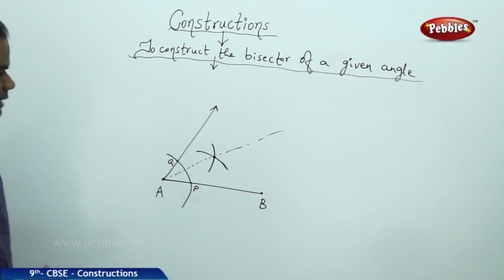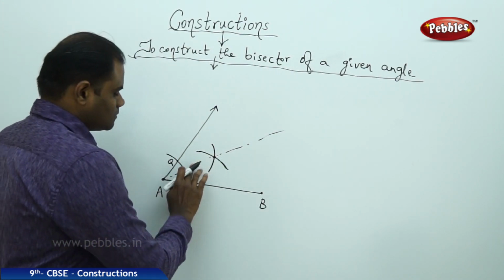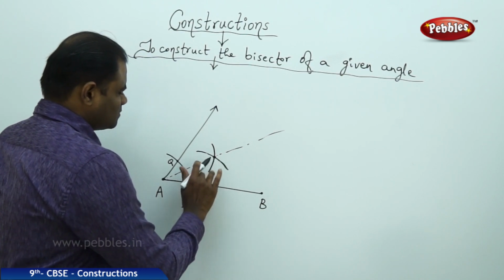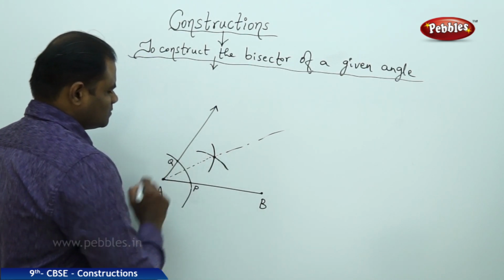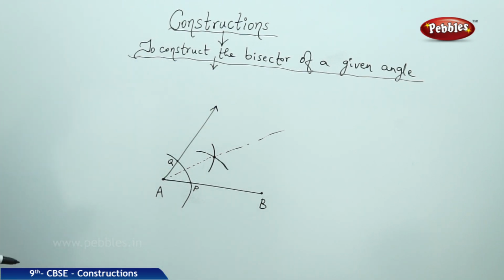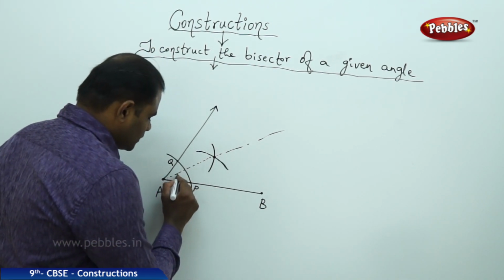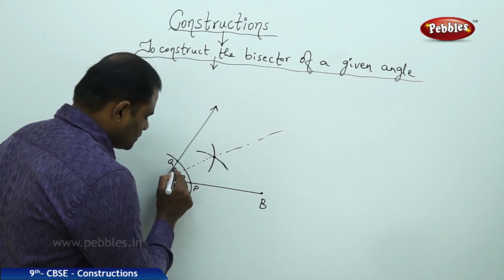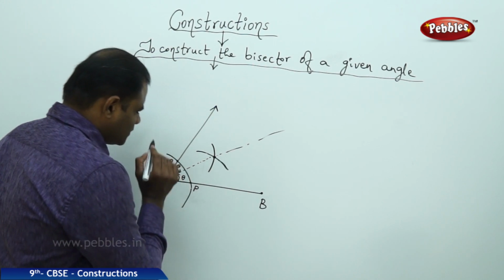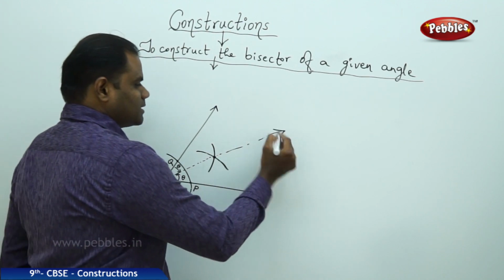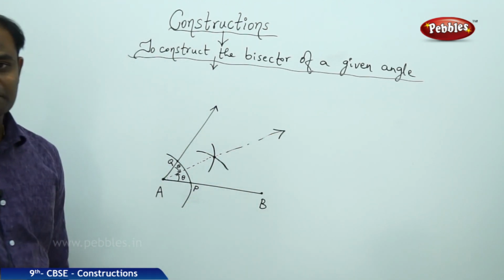Then I get something like this. This is how I get a line. And this line exactly makes equal angles theta and theta. That means this line is the bisector of the given angle.